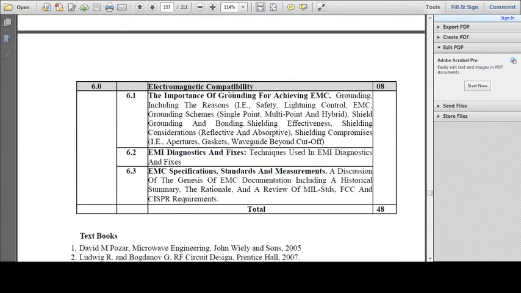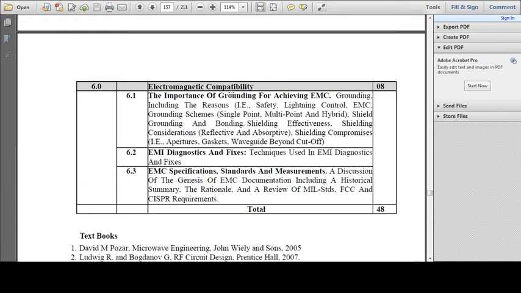Then we start with module number 6, that is electromagnetic compatibility. In this module we introduce the importance of grounding for achieving electromagnetic compatibility, including reasons like safety, lightning control, and electromagnetic compatibility, and ground schemes: single point, multi-point and hybrid.